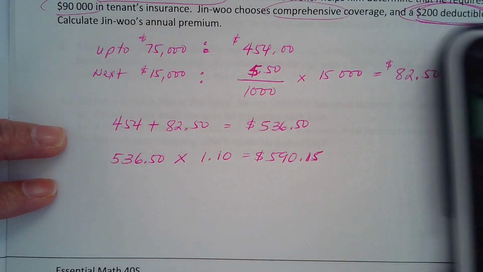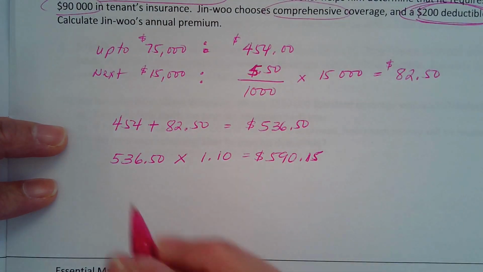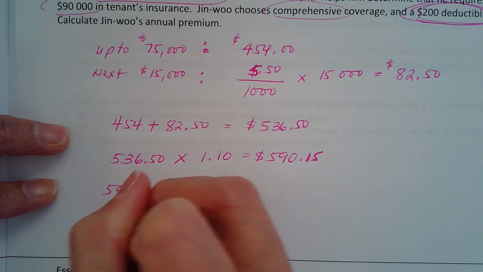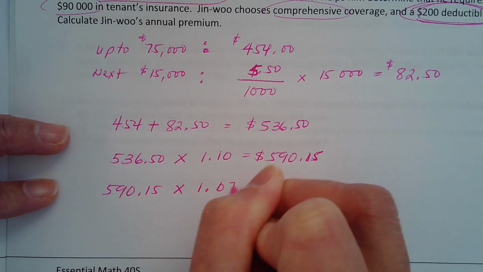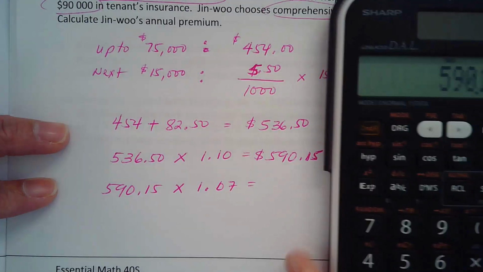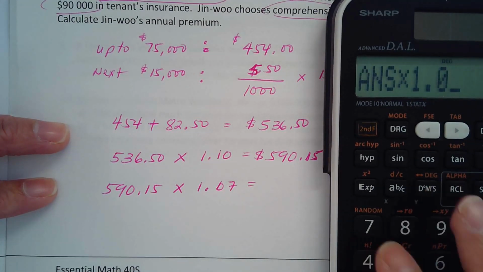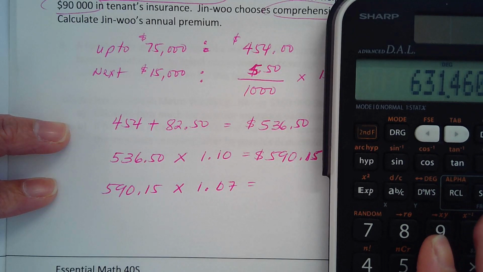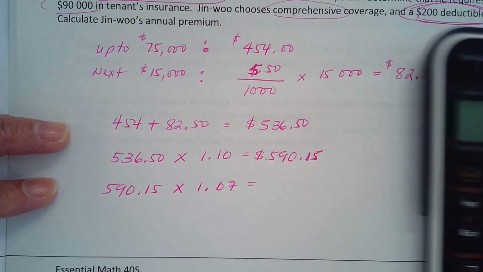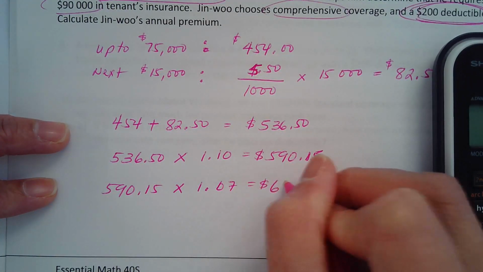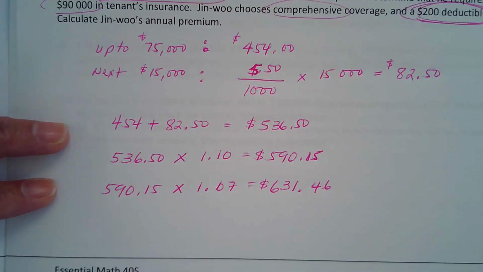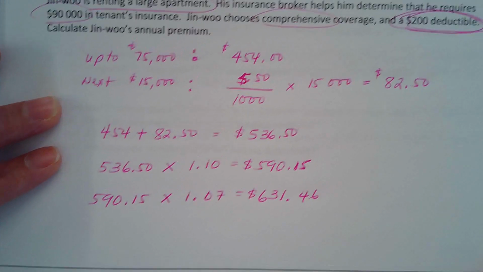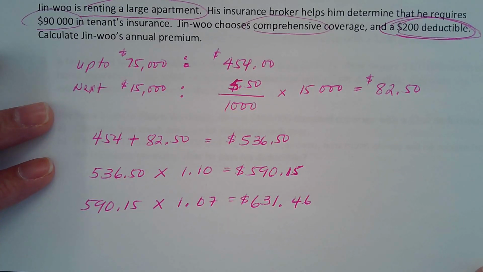And then plus the PST. So 590.15 times 1.07 is $631.46. Okay. This is a loaded question. It's a big question.